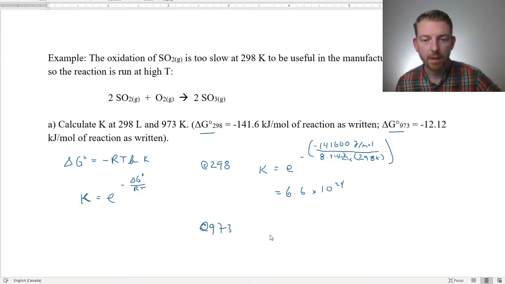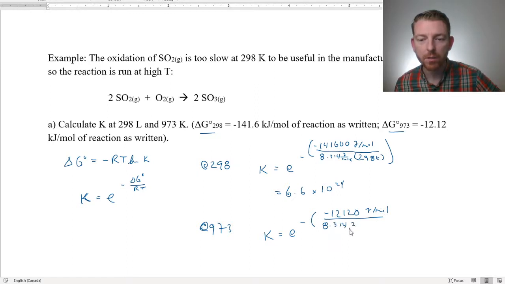973 Kelvin. So start out with the same equation, and all right, now we have negative 12,120 joules per mole per 8.314 joules per mole Kelvin, multiplied by 973 Kelvin. Okay. And the answer there is just 4.5.